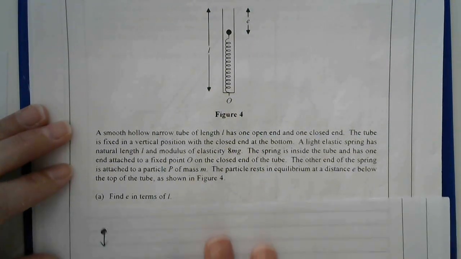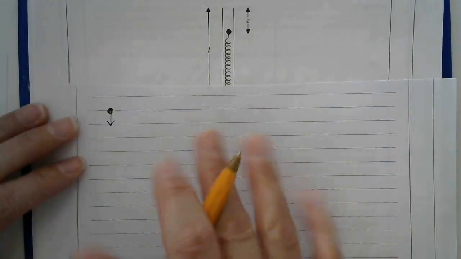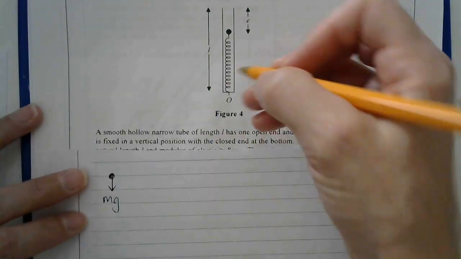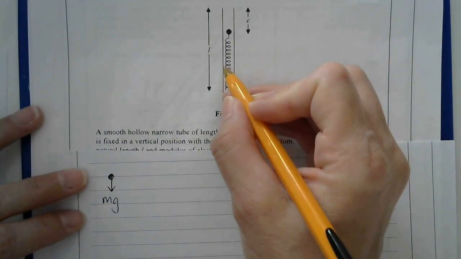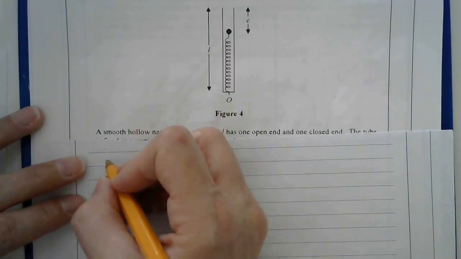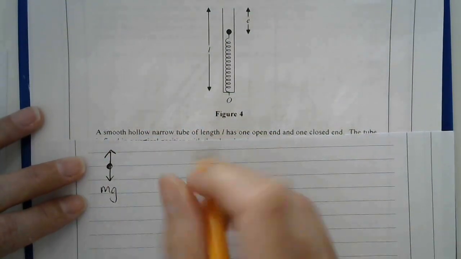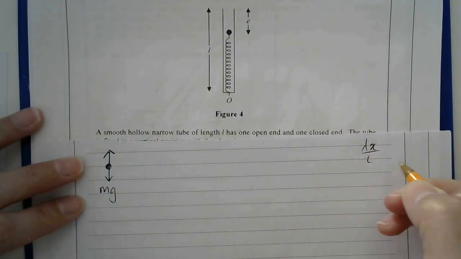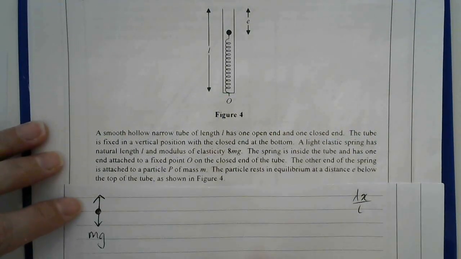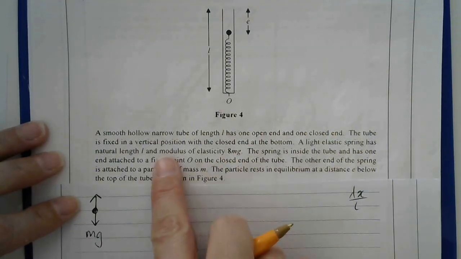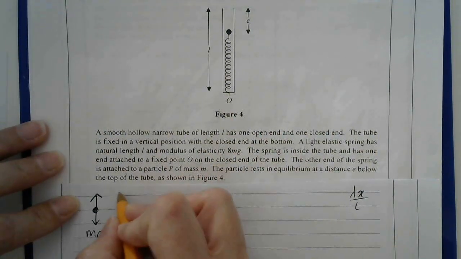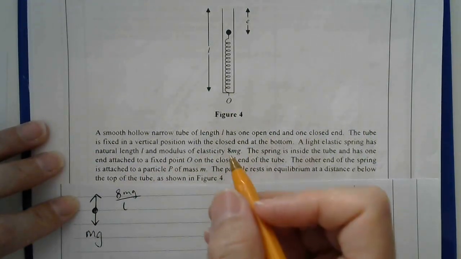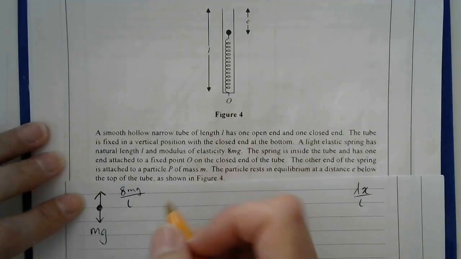Now the mass was m, so therefore the weight will be mg, and then what the spring will do is try to go back to its original length, so there will be a tension upwards, and for the tension I can use the formula lambda times the extension over the natural length. So lambda is the modulus of elasticity, so 8mg, the natural length is L, and the extension is what they've called E.